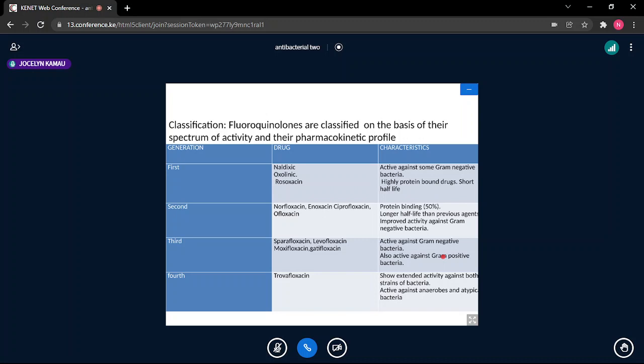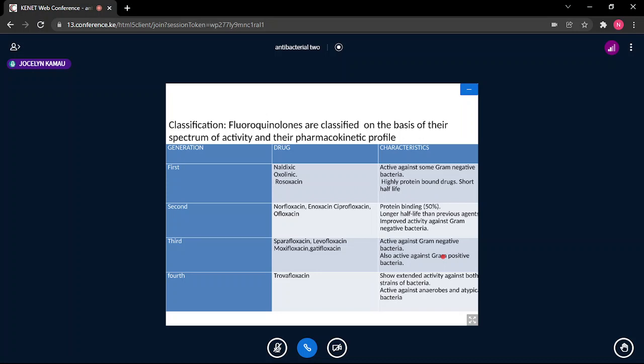If you introduce polar groups within that drug, normally you introduce gram-negative activity without significantly influencing the gram-positive activity.